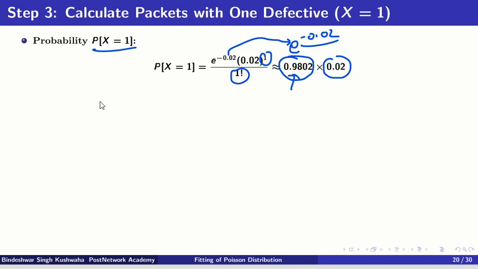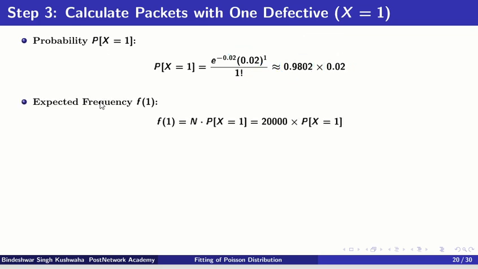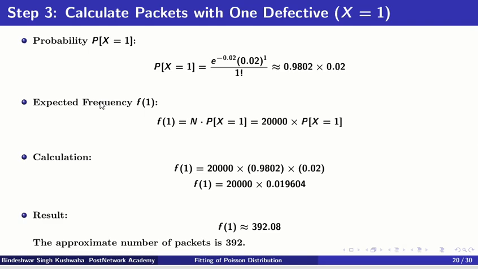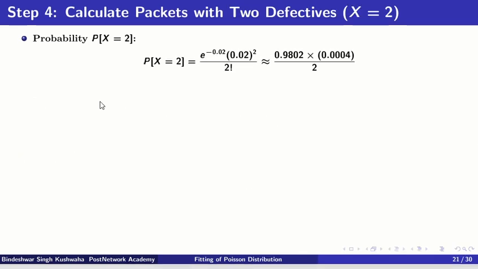For the expected frequency, you multiply it by N, and we will get 392.08. So the approximate number of packets is 392.